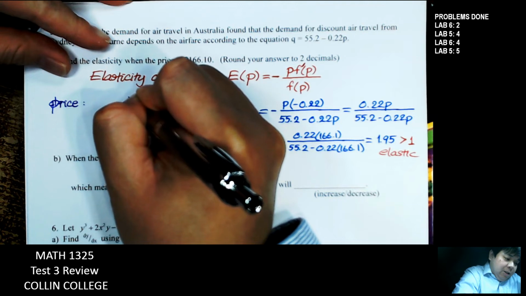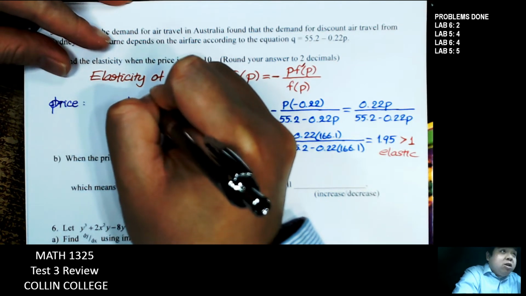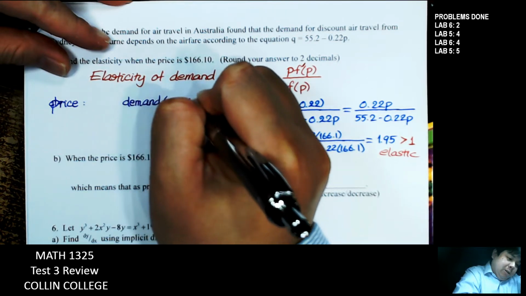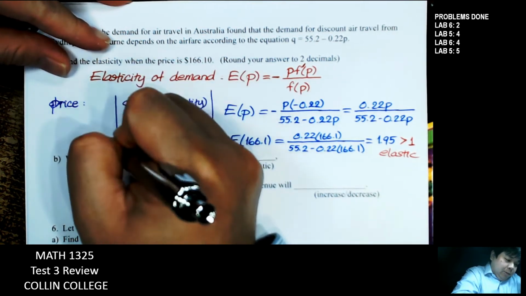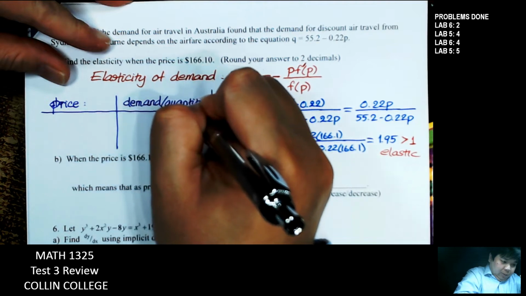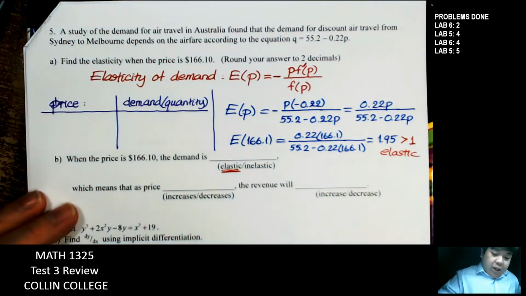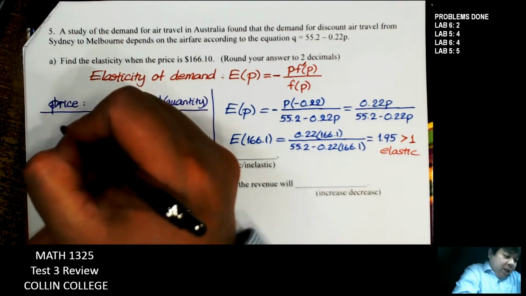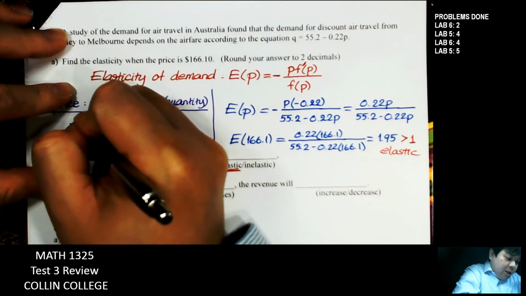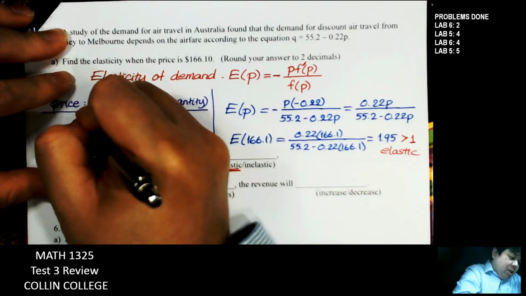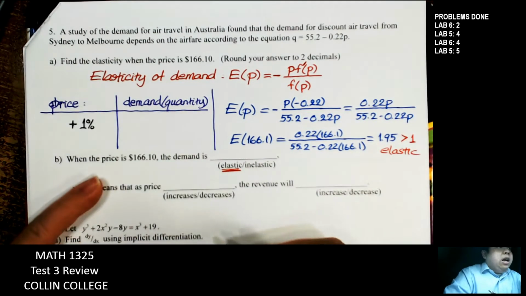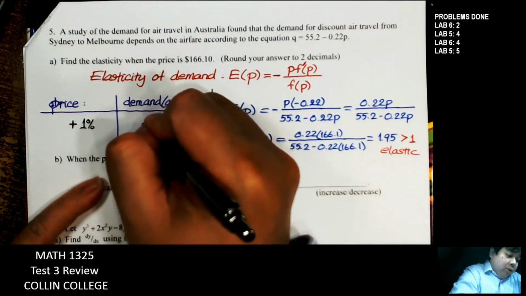So here, start with the price, and here we have the demand, which gives us the quantity.